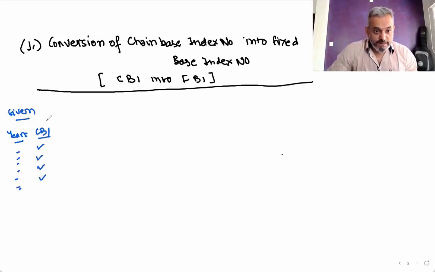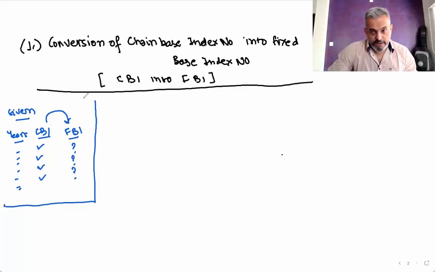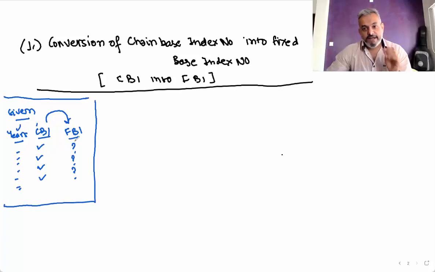Now from chain based index number, we have to find out FBI. Fixed base index number is what we have to find out. I hope you understood this. Now, this is going to be the format of our solution. Year will be given, CBI will be given, and we will be finding FBI.